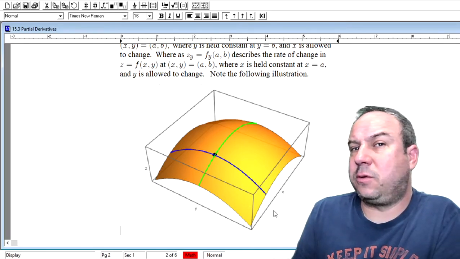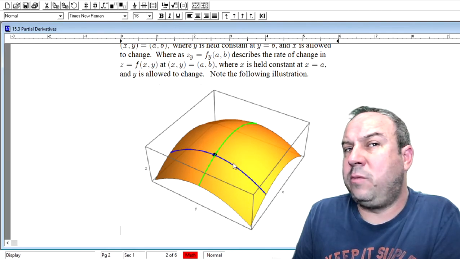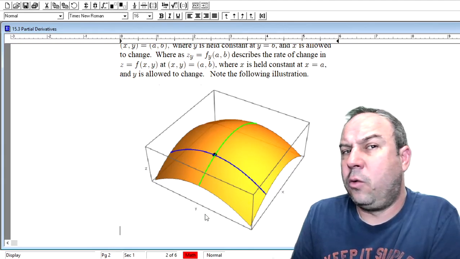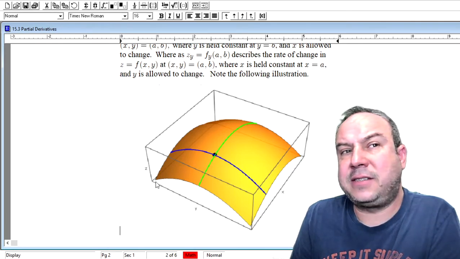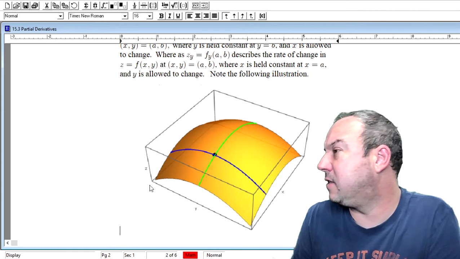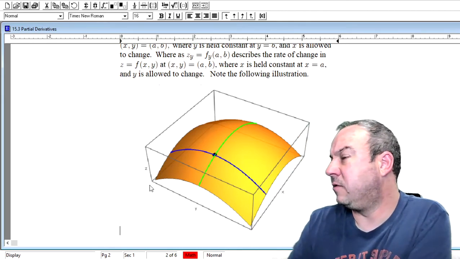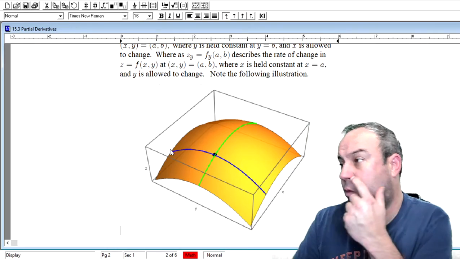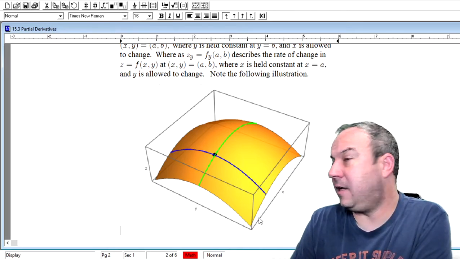X would be held constant at a, and as we moved along that path, we would be moving along that line in our xy plane, where y would be allowed to change from this location along the y-axis to this location along our y-axis over that interval of values of y. And that would have us changing solely with respect to a change in y, x being held constant at the value of a.